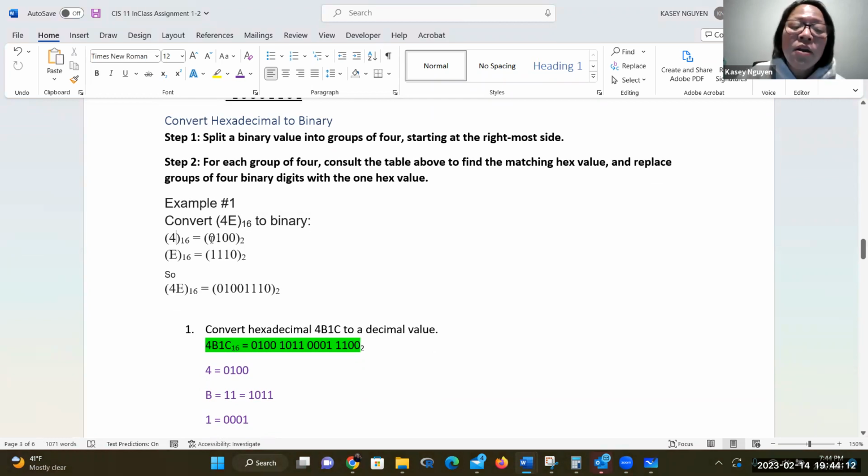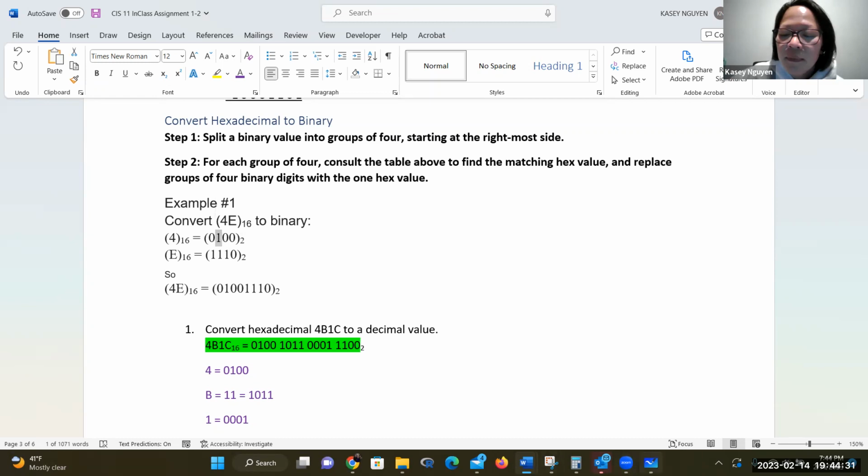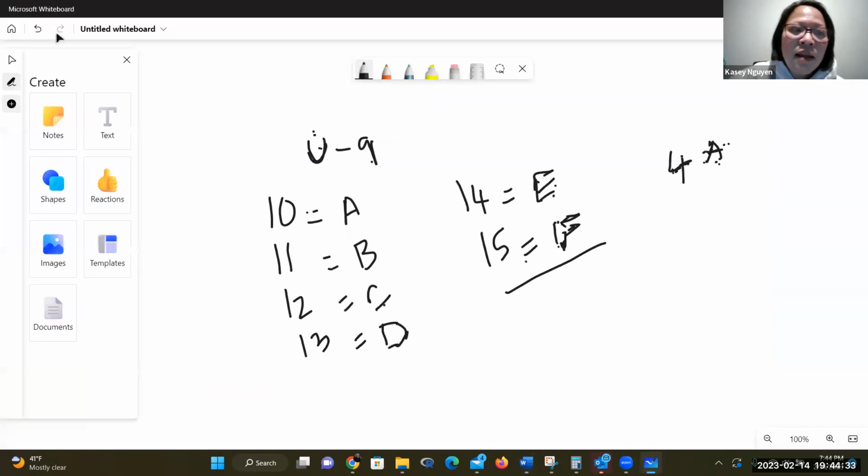Remember earlier, we would take 4 and subtract the scale. I cannot subtract 8, so I go down, and I can subtract 4, so that's a 1. So it's 0, 1, 0, 0.